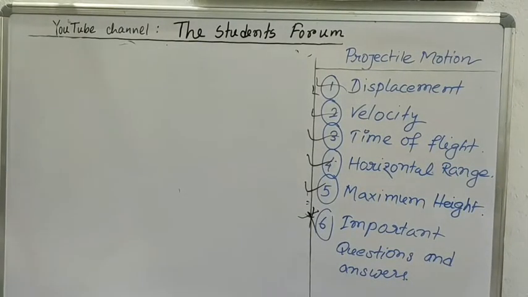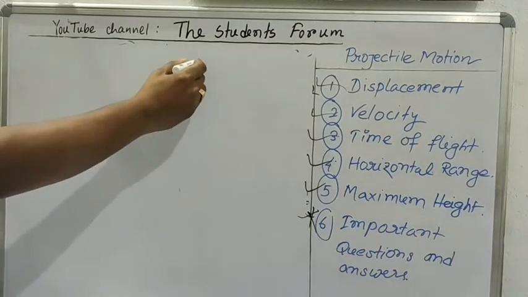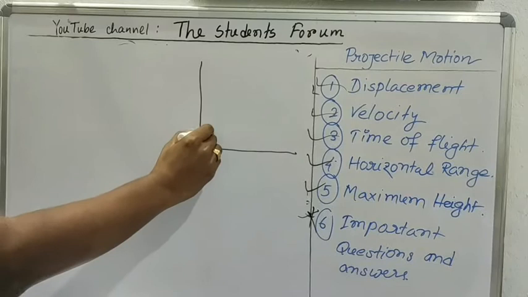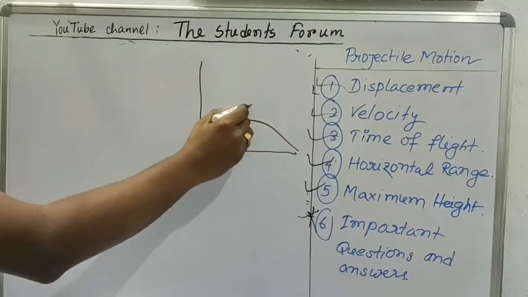Next, one of the most tricky and important questions is, a particle is projected making an angle of 45 degree with horizontal, having kinetic energy K. The kinetic energy at the highest point will be. So it is given that the object is projected at 45 degree angle.